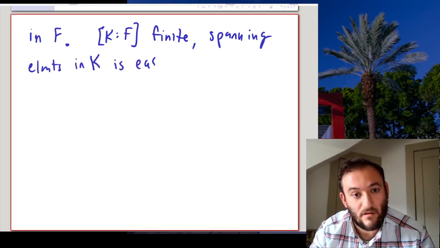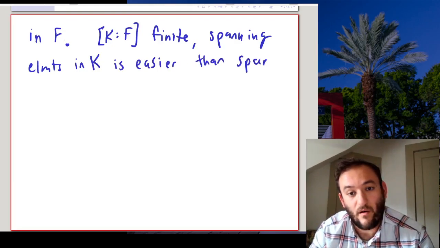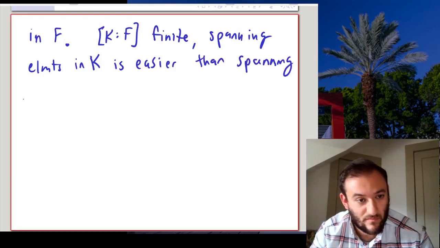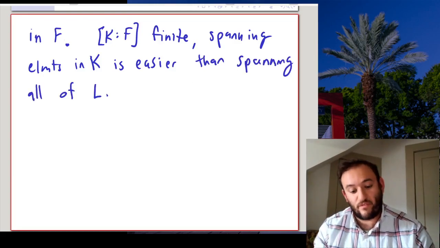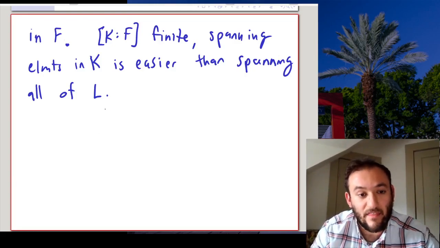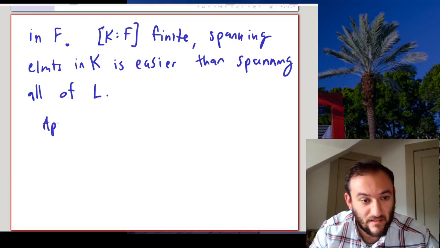Spanning K is easier than spanning all of L. Okay, now that we have that these two degrees are finite, we can apply the theorem to get the divisibility.